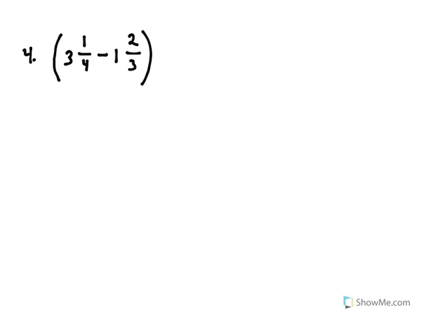I'm going to multiply that by this. Okay, so I got 3 1/4 minus 1 2/3 in parentheses times, in parentheses, 5 1/3 minus 2 1/2.